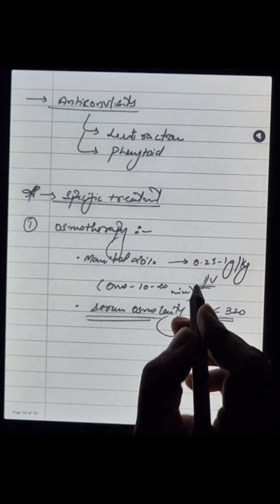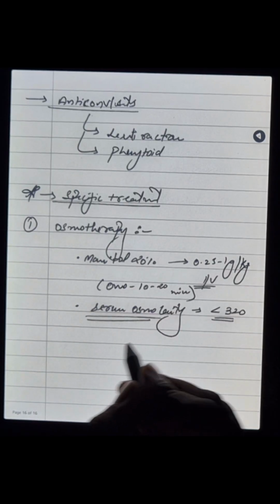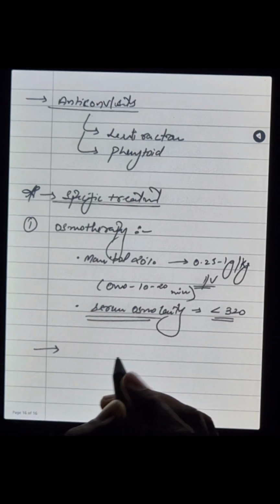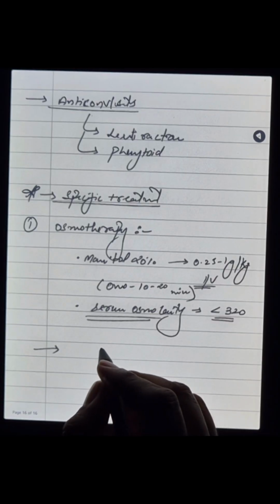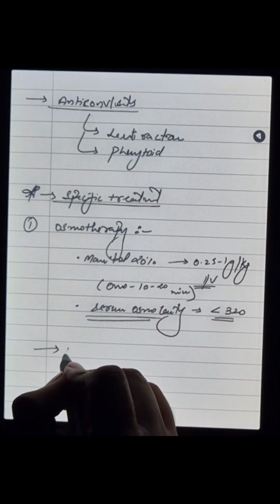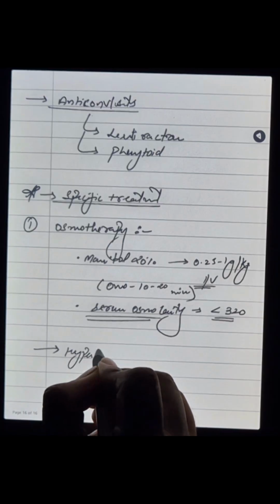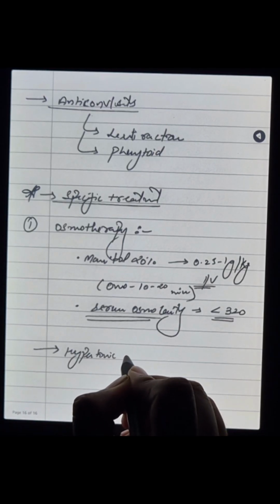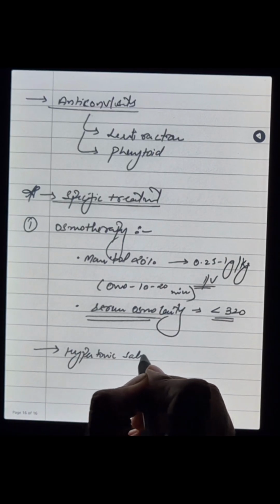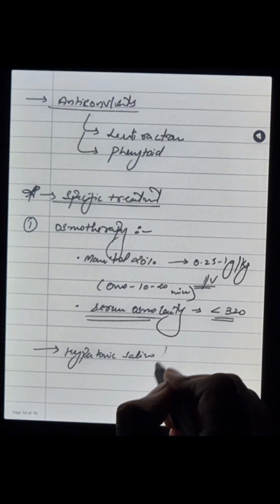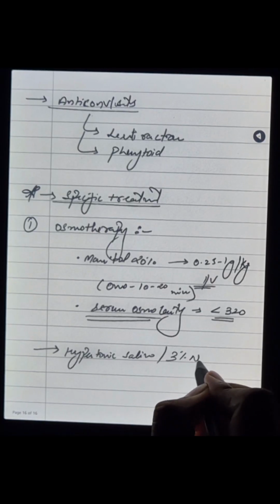Okay. In patients where mannitol cannot be used, the other agent is hypertonic saline, or 3% sodium.